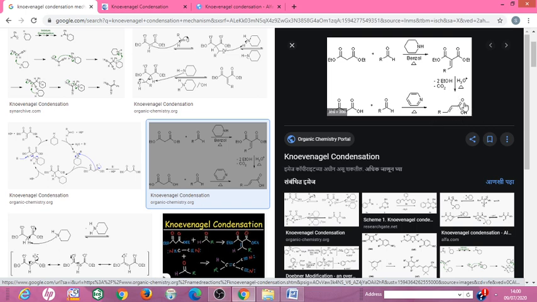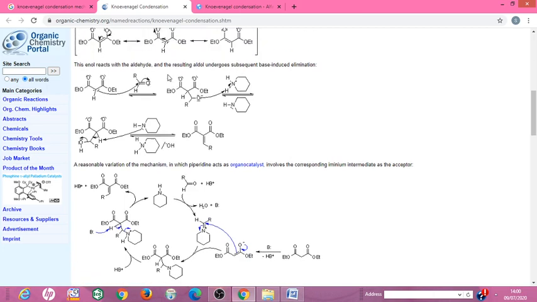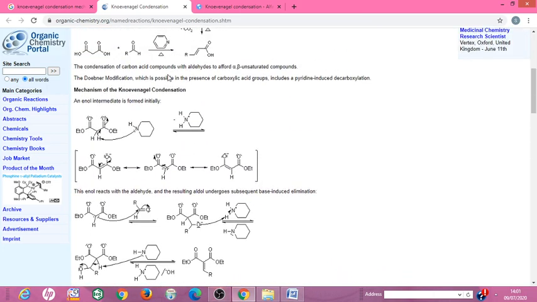This is the acid: the carbonyl group, next to the carbonyl carbon the alpha carbon, next to alpha the beta carbon, and the double bond between alpha and beta. Hence this compound is known as an alpha beta unsaturated acid. This is the Knoevenagel condensation reaction and its mechanism.